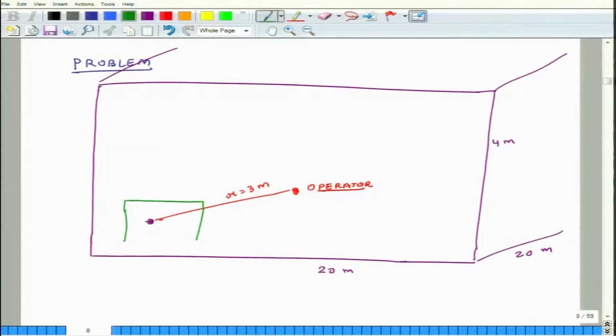So, its dimensions are 1.2 meters long, let us say 1.8 meters wide, and the height is 1 meter.